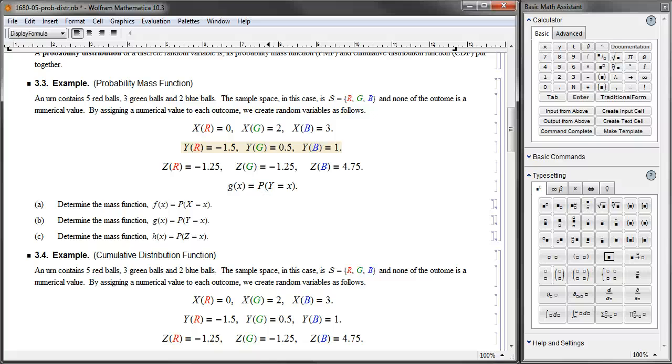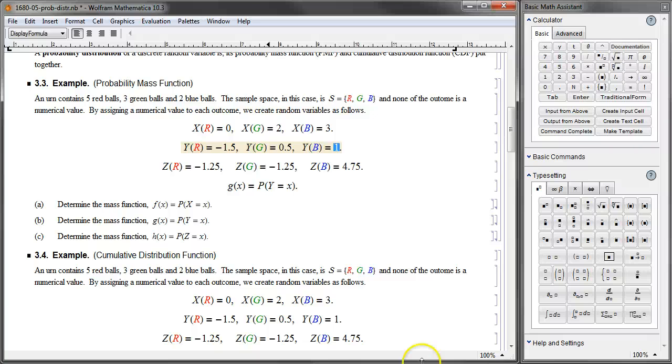So how do you get the mass function? When small x is -1.5, the probability of red. When small x is 0.5, the probability of green. When small x is 1, again you need the probability for that case, probability of blue.